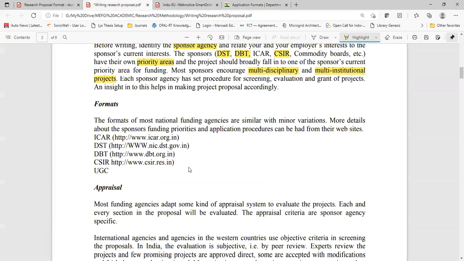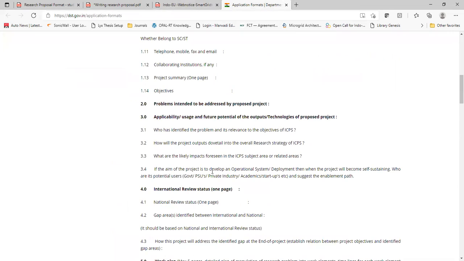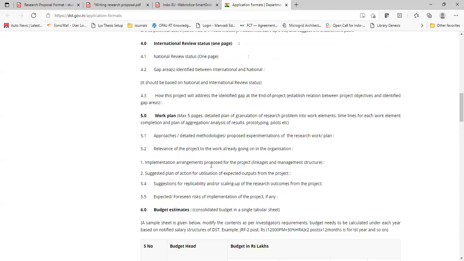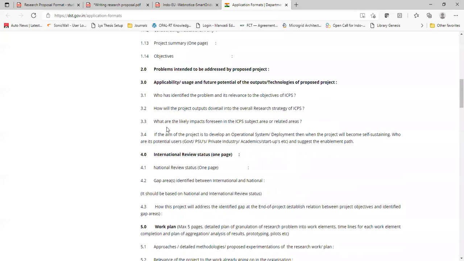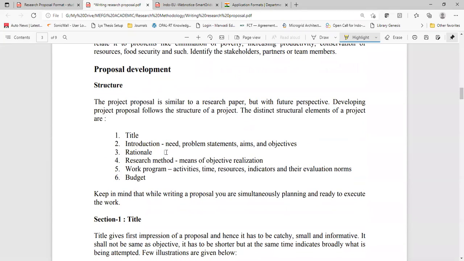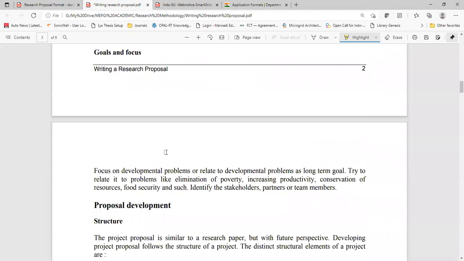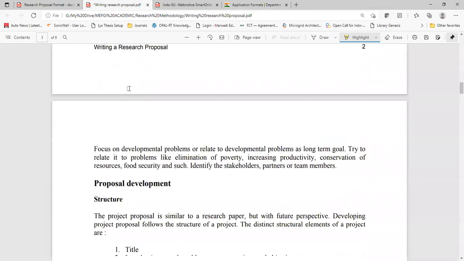Let me take you back to the original thing. What I meant to say is you can find the proposal right here on this website. Everything is clearly mentioned. What is written here is just that this is required, but here we are discussing why it is required. Okay, for example, goals and focus.